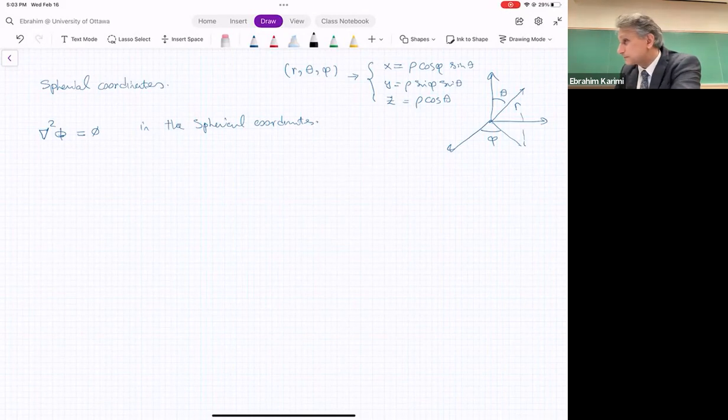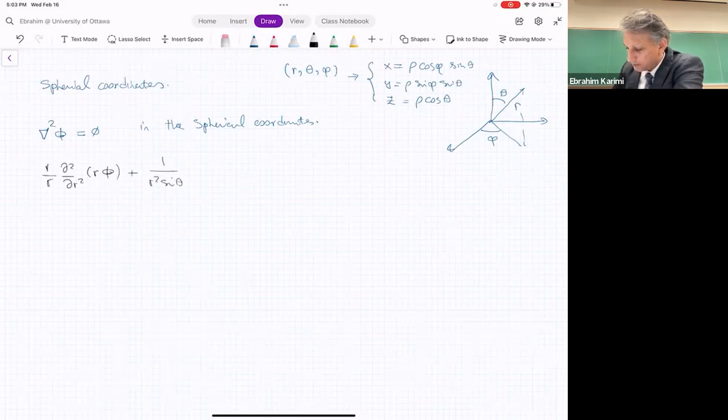It is 1 divided by r, second derivative with respect to r of (r phi), plus 1 divided by r squared sine of theta, derivative with respect to theta of sine of theta times derivative with respect to theta of phi.